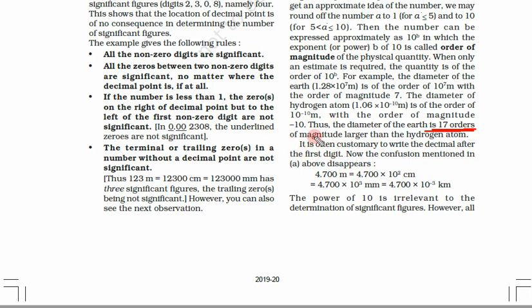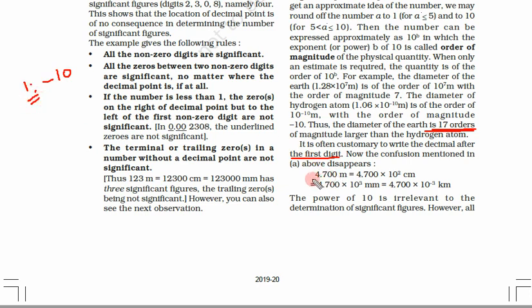So now we are getting a feel for what scientific notation is. Now let us understand how we write any number. It is customary to write the decimal after the first digit. Since we have to write a number between 1 and 10, the decimal must be after the first digit.